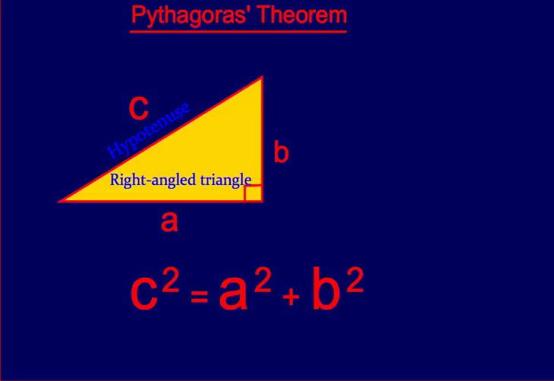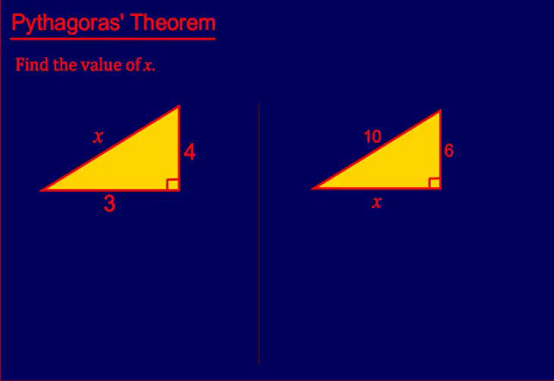Put simply, if you have a right angle triangle, for example in this case, where this is the hypotenuse, and if you want to find the hypotenuse, the equation you need to write is x squared equals 3 squared plus 4 squared. You then work this out.